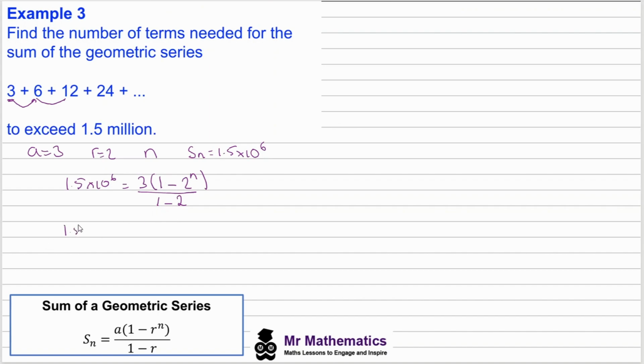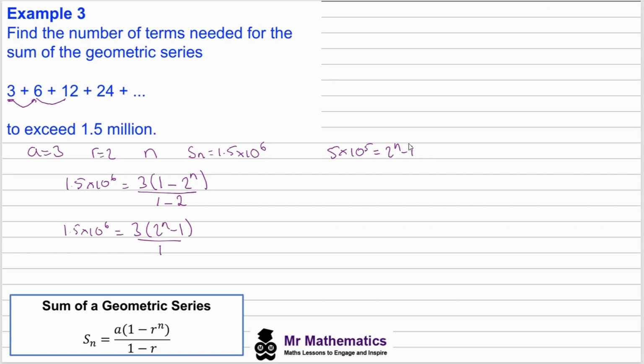So we'll have 1.5 times 10 to the 6 is equal to 3 lots of 2 to the n minus 1 over 2 take away 1, which is 1. So this is much easier to deal with than this one. Now we can divide both sides by 3. So now we get 5 times 10 to the 5 will equal 2 to the n minus 1.